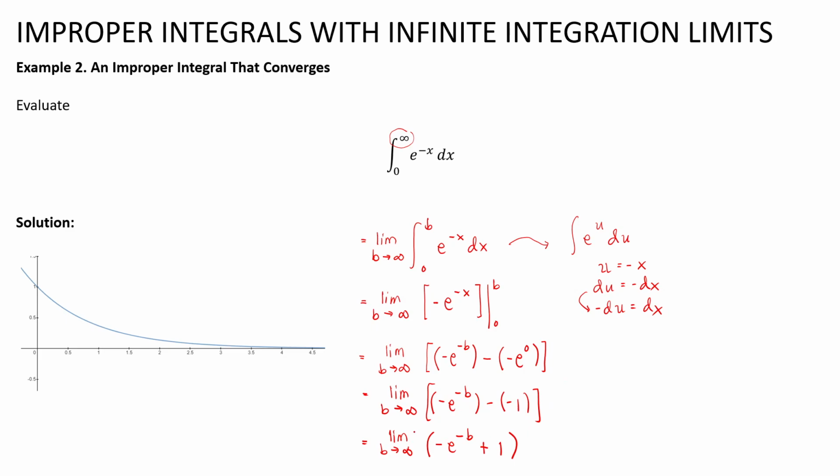All right, so if we try again to apply the limit of b approaches infinity on the first term, you cannot apply it on the second term because there's no b parameter there. So you only apply it in the first term.